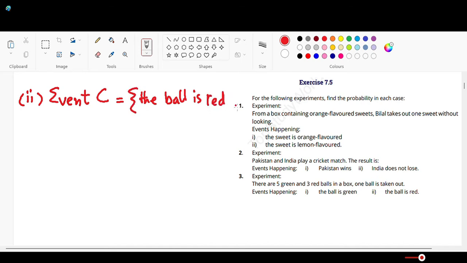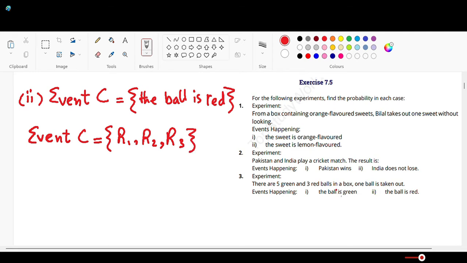So how many balls are there that are red? There are 3 balls: R1, R2, and R3. According to the info that we are given right here, it says 3 red balls in a box.